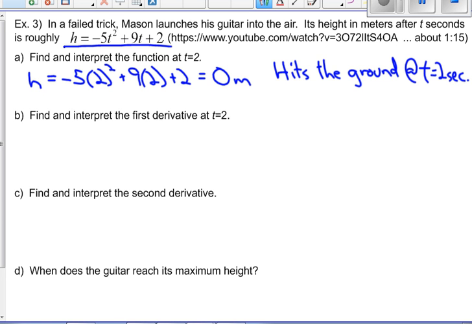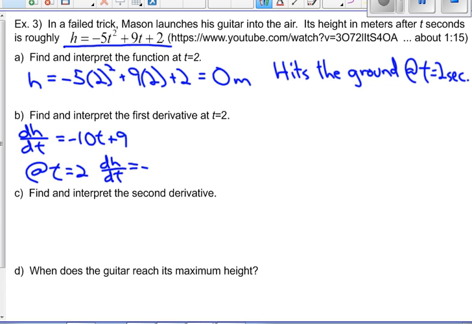Find and interpret the first derivative at t equals 2. So dh by dt would be negative 10t plus 9. And at t equals 2, dh by dt would be negative 10 times 2 plus 9, or negative 11. Now what is it measured in? It's measured in height, which is meters, per time, which is seconds. The negative means it's going downward.